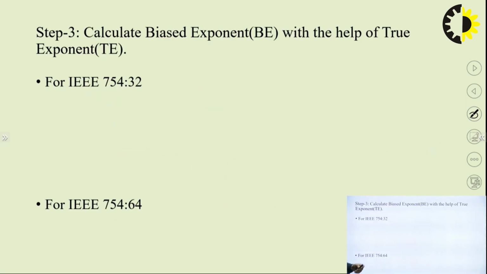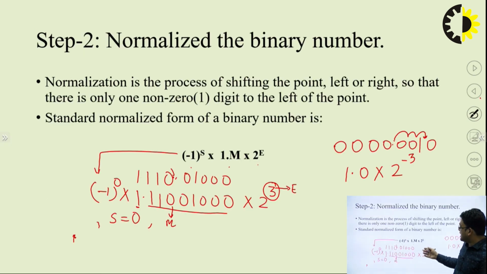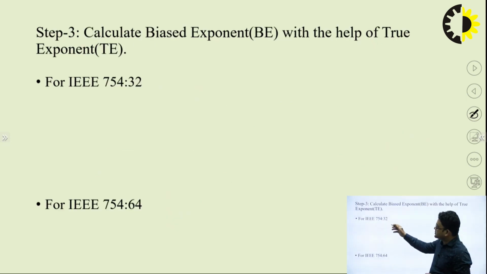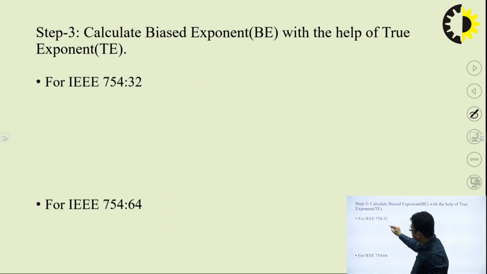So our next step is that we need to calculate the biased exponent. How can we calculate the biased exponent? The biased exponent can be calculated with the help of the true exponent. As we have the true exponent in this example, which is 3. So the biased component, if we represent it with e dash, for 32-bit is the true exponent plus 127.